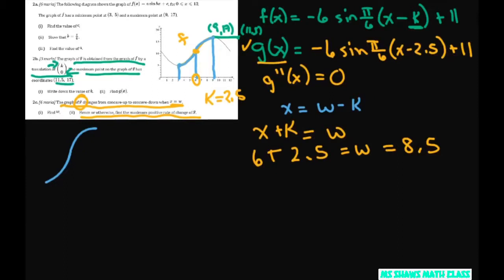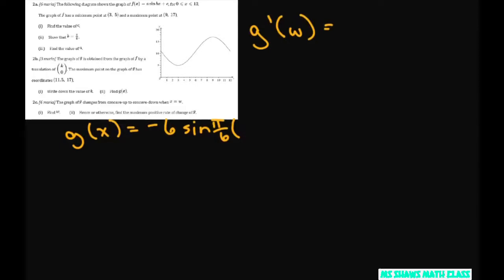You can take the derivative, so G prime of W, and remember G of X was negative 6 sine of pi divided by 6 times X minus 2.5 plus 11.